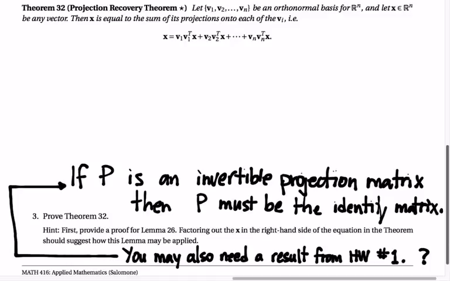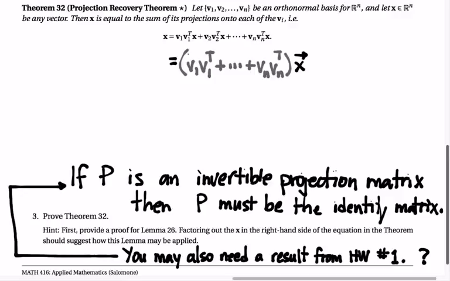Because what we need to do to prove this theorem is to establish, first of all, what's going on in the right-hand side of the equation. If you factor out the x on the right-hand side of this equation, then what matrix is x being multiplied by, really? V1 V1 transpose plus ... plus Vn Vn transpose.